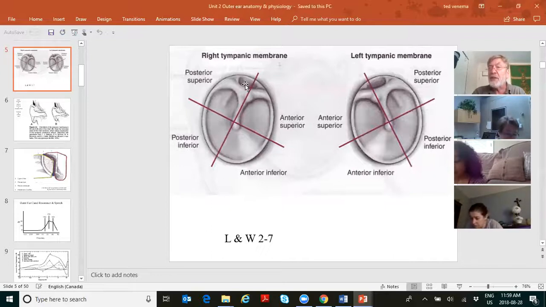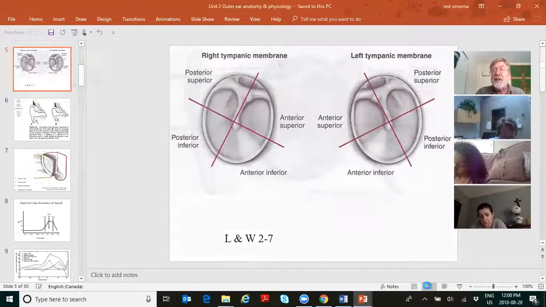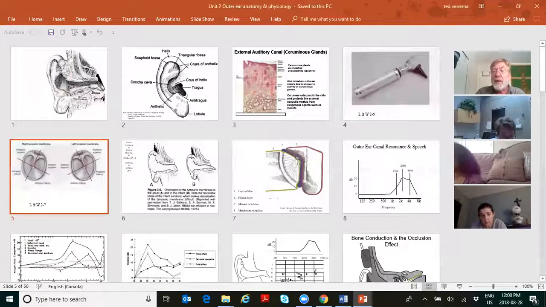Pars in Latin just means part. P-A-R-S just means part. Okay? Flaccid part, tense part. Pars flaccida, pars tensa. So these nodes of Ranvier separate pars tensa, the tense, stiff part of your drum, from the flaccid part. Now, you know why you have those? Let's see what else I can show you here. Let's see if I've got any more good pictures that way.